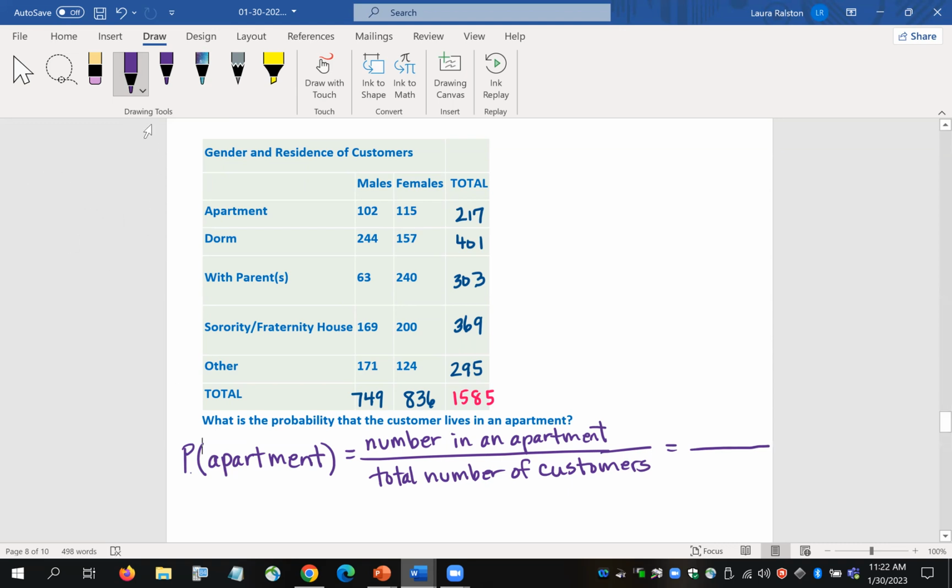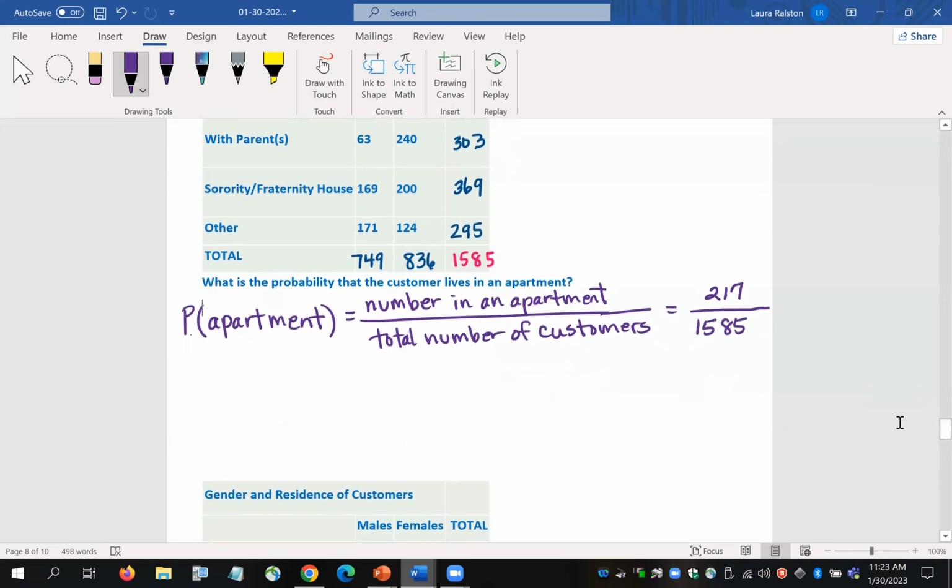If I look at my table and go up to apartment, I can see there were 217 customers who lived in an apartment out of the 1,585 customers.